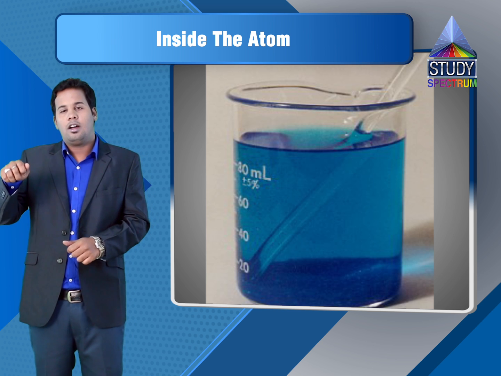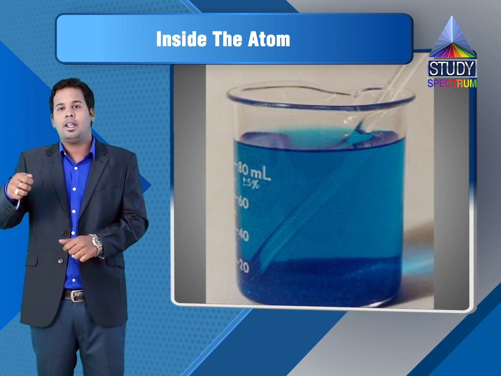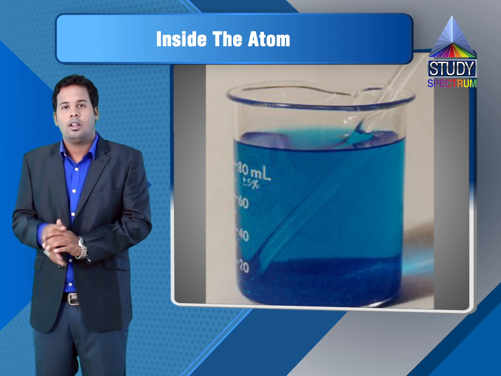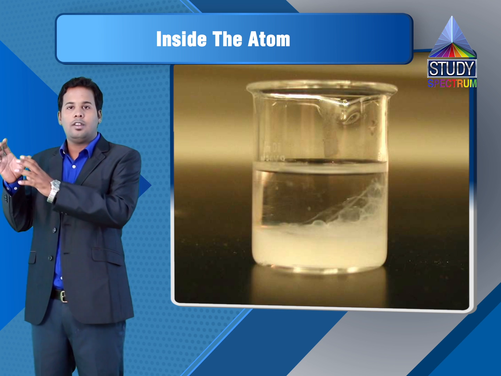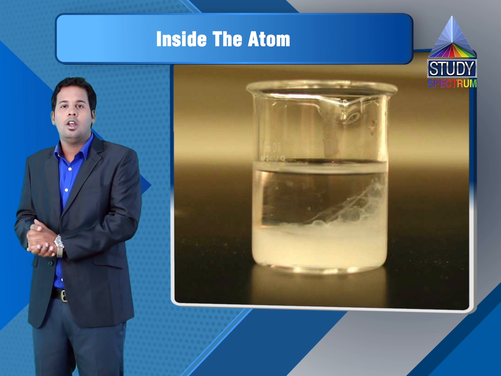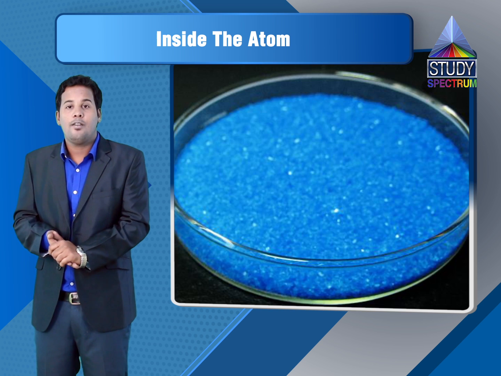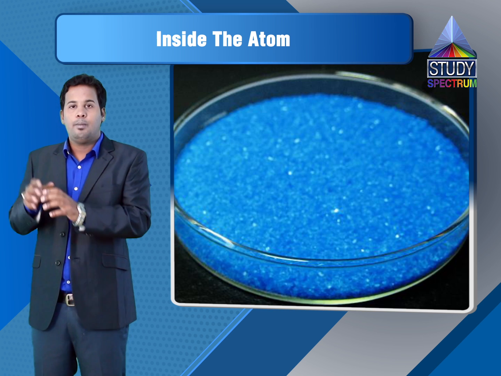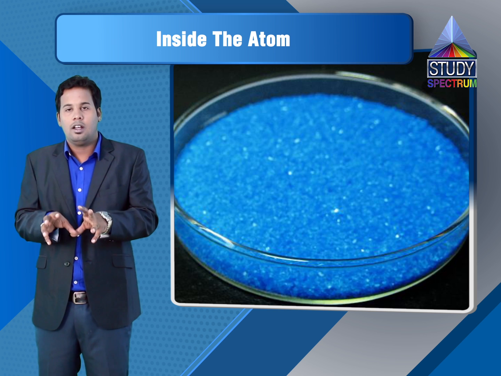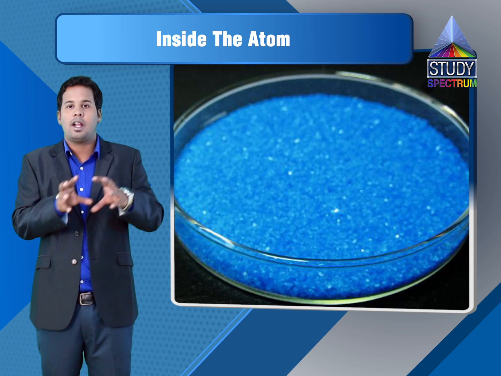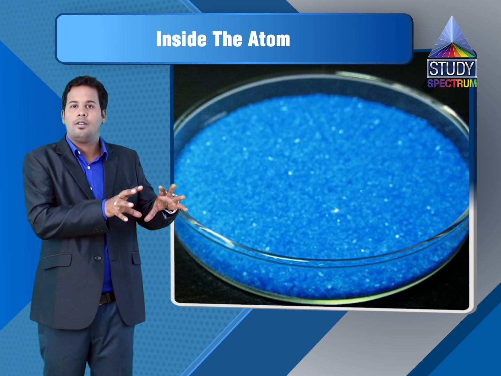Now you take another 10 ml from the second beaker and pour it into a third beaker containing 90 ml of water. So finally you have a third beaker containing 100 ml of copper sulfate solution, and you will figure out that the blue color in the third beaker is less bright than in the second beaker, which is less bright than in the first beaker.